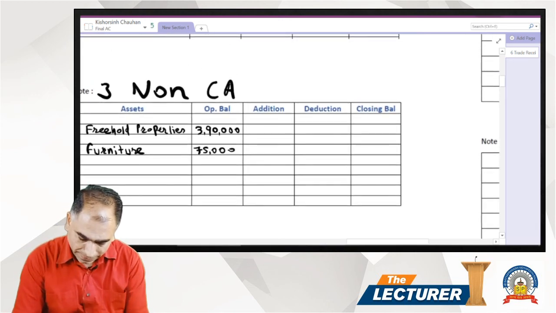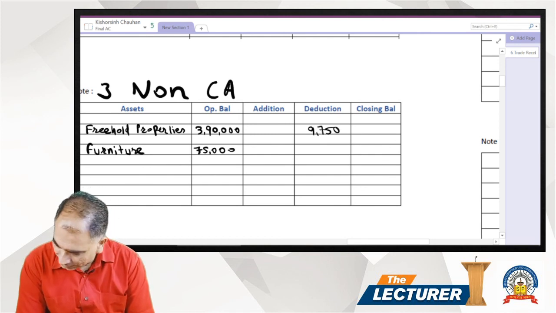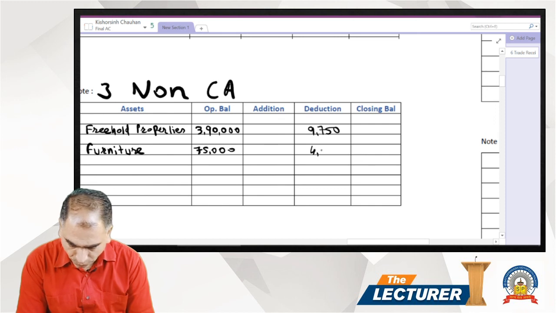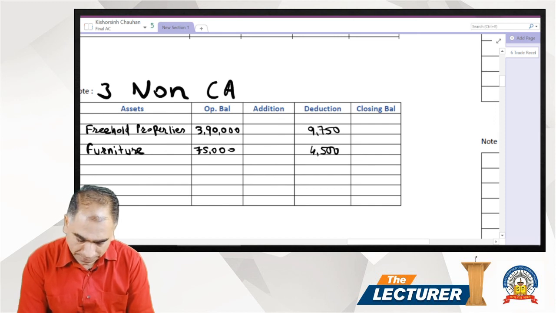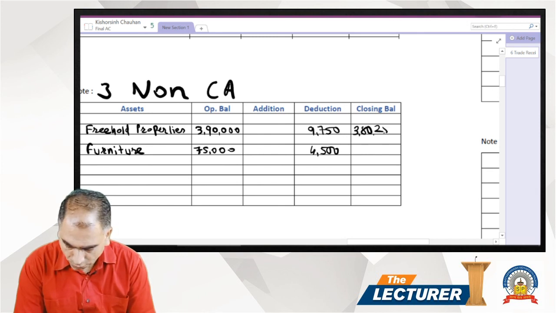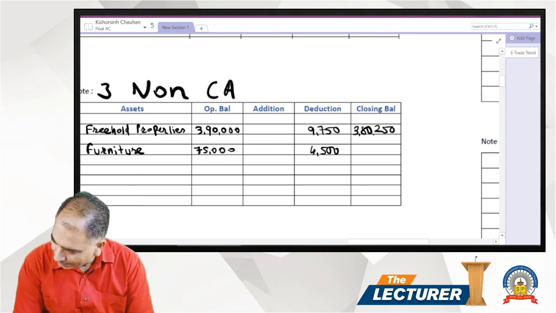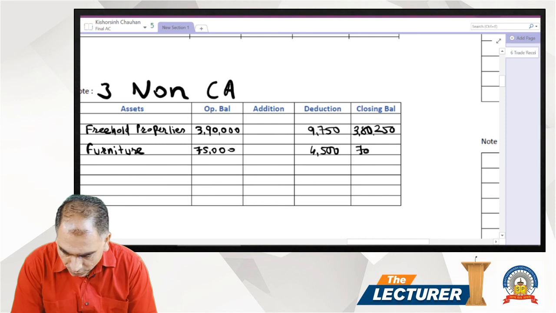Depreciation is અને 75,000 ના 6%, it's 4,500. 390 માંથી 9,750 માઇનસ કરશું તો 3,80,250 અને 4,500 માઇનસ કરશું, it's called 70,500.